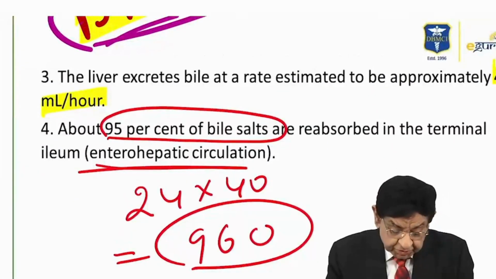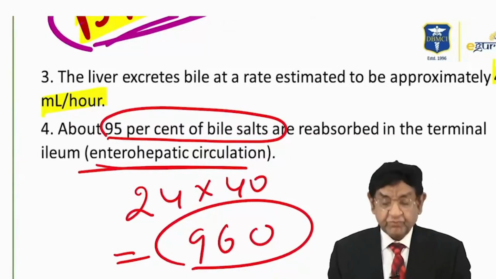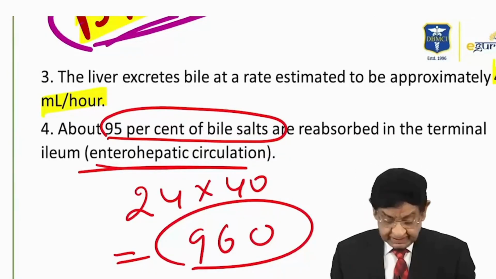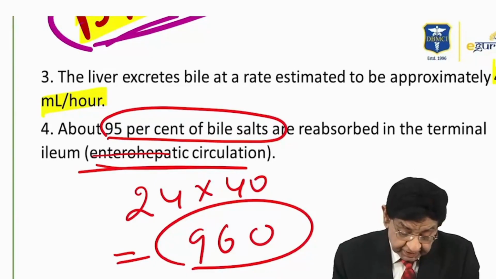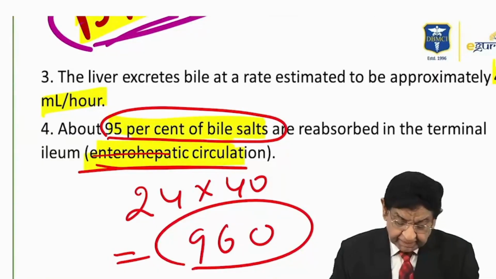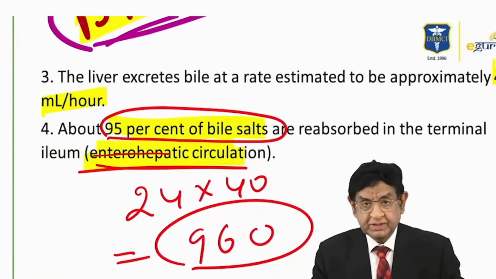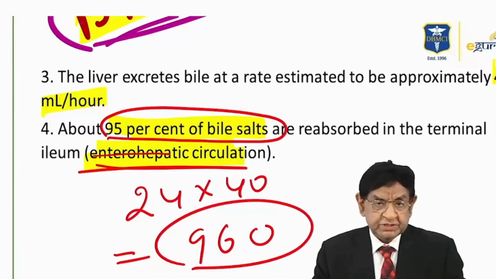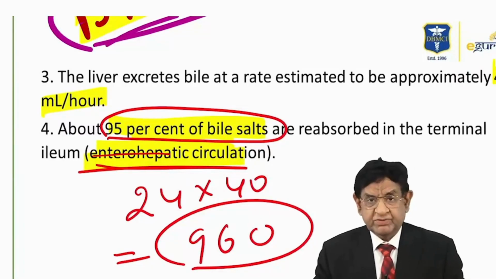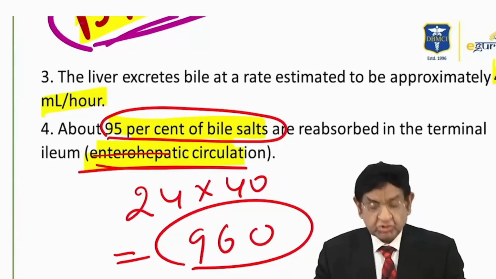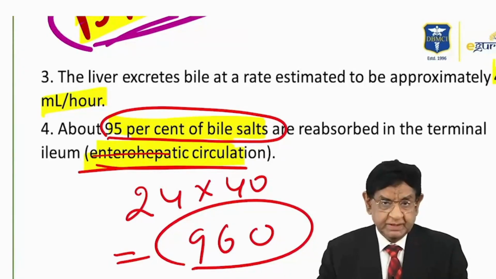So the keywords to be remembered are 40 ml per hour and enterohepatic circulation, by which 95% of the bile salt is reabsorbed.